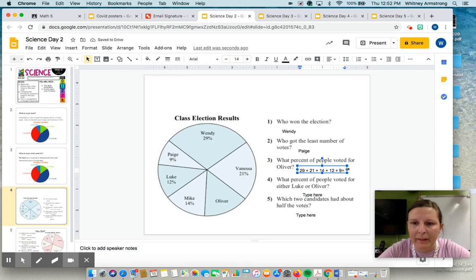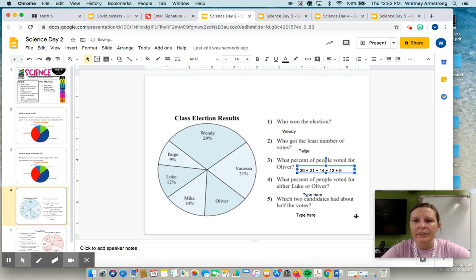I want you to think about that for a second. Okay, so 29 plus 21 is 50, plus 14 is 64, plus 12 is 76, plus 9 is 85. So Oliver did not receive 85% of the votes.